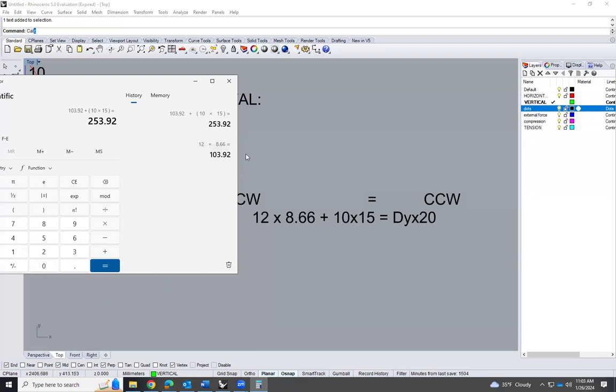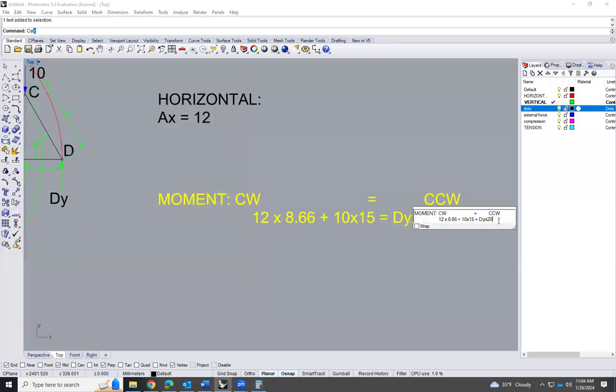And now I have to divide this by 20. Divide by 20. So this is 12.69. dy equals 12.69.